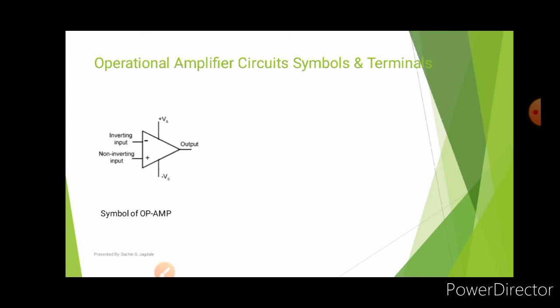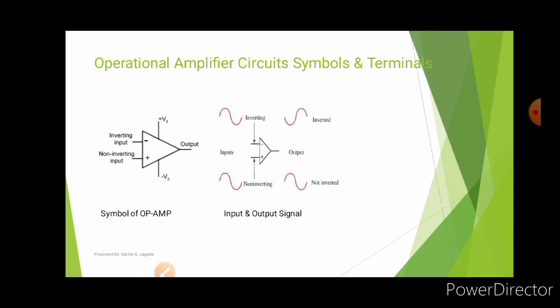Let us see the different input and output signals of op-amp. When we apply a sine wave to the inverting terminal, the output will be inverted, and when we apply a sine wave to the non-inverting terminal, the output is amplified but not inverted.